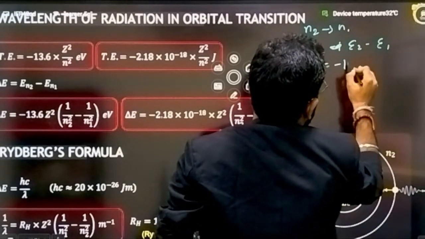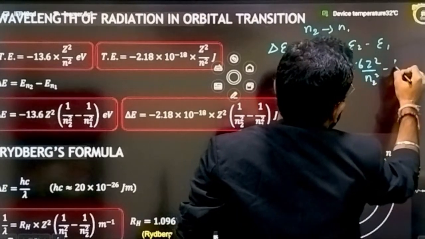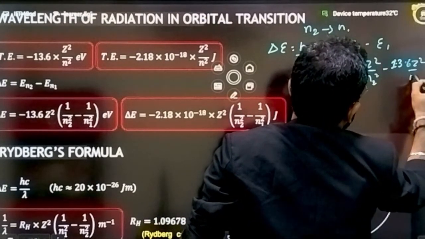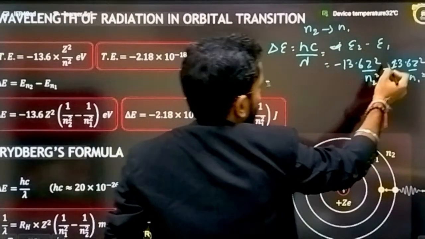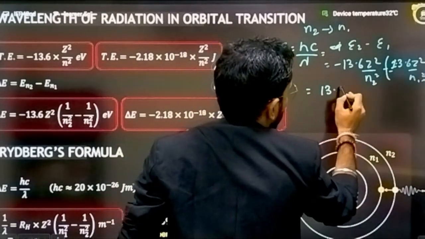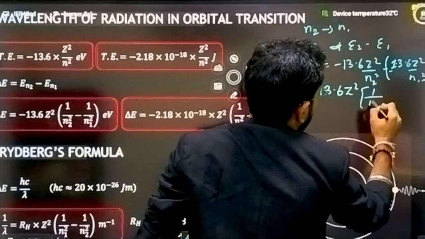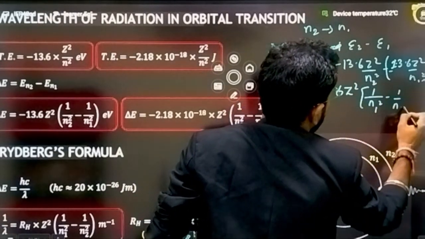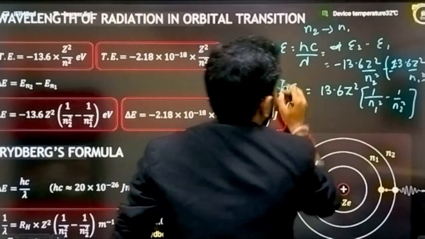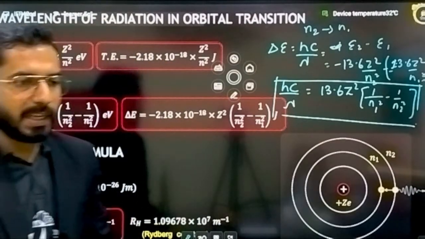E2 is minus 13.6 Z square divided by n2 square, minus minus 13.6 Z square divided by n1 square. The negative becomes positive. Take the commons out: 13.6 Z square, and the rest inside is 1 by n1 square minus 1 by n2 square, equal to hc by lambda.